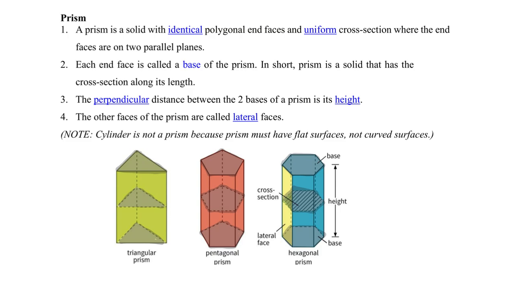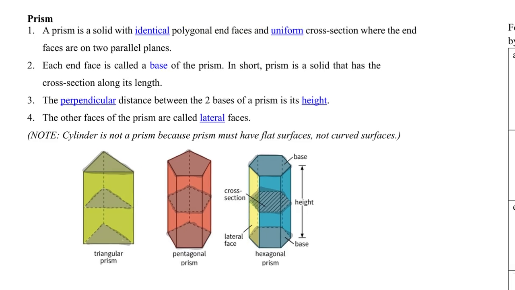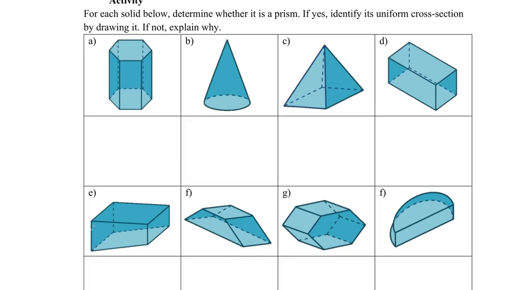To note, in mathematics we don't define a cylinder as a prism, because a prism is defined as having flat lateral surfaces and not curved surfaces. That's the reason.